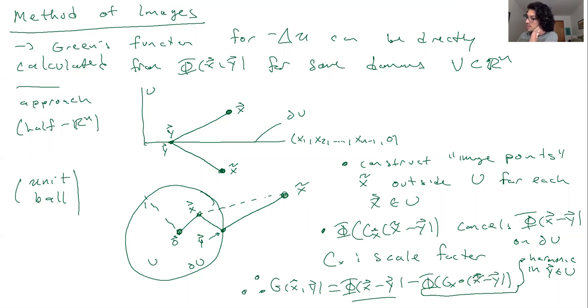As long as I put my singularities out here, if I take a value of y that lives in here, I'm never going to touch these image points that live out here. That's why we want to consider reflecting outside of the space, and then having a function that only has singularities outside of the domain that we're worried about.